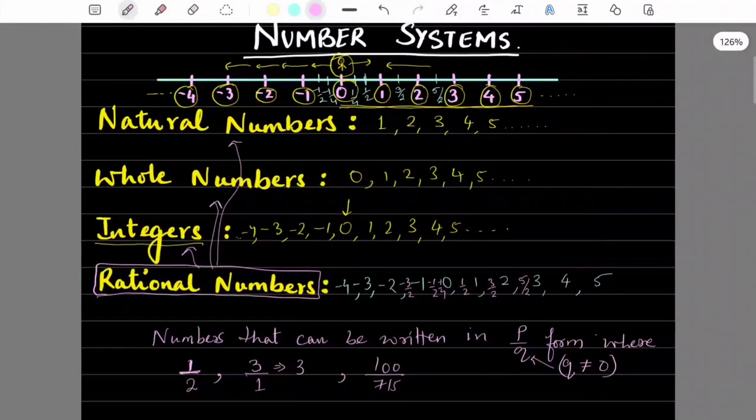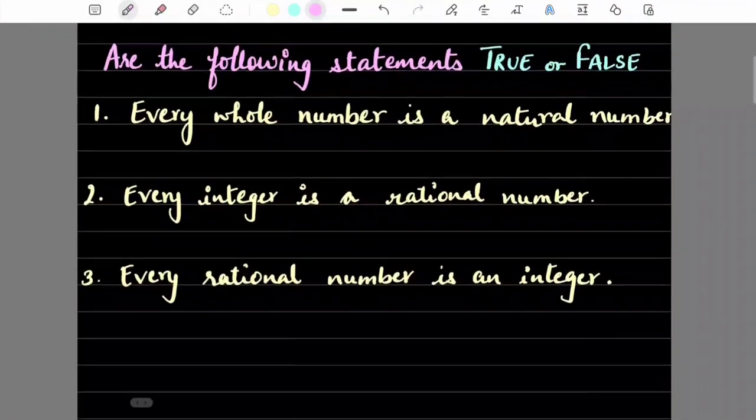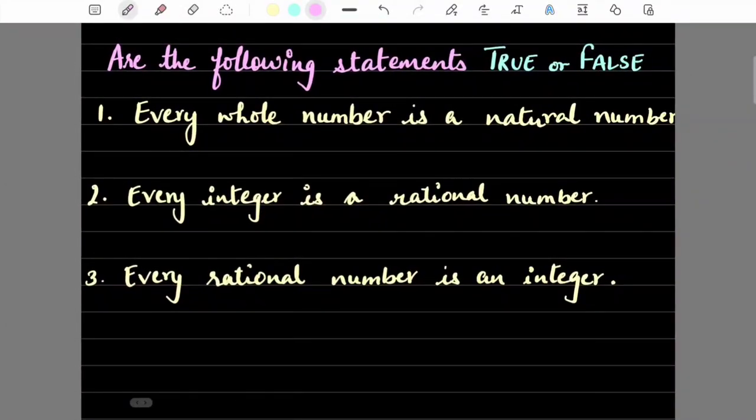Now, let's quickly go over a few questions just to clarify. Let's see if these statements are true or false. Every whole number is a natural number. Think about it.